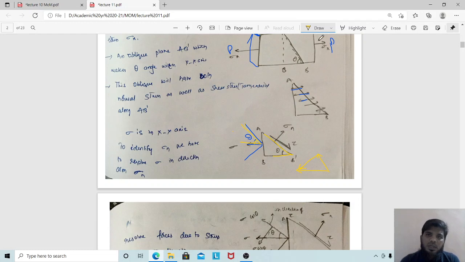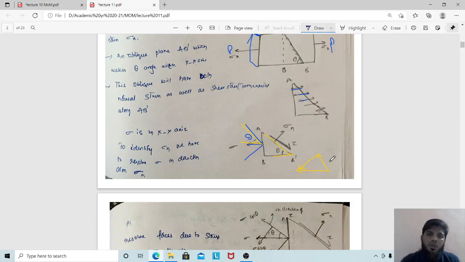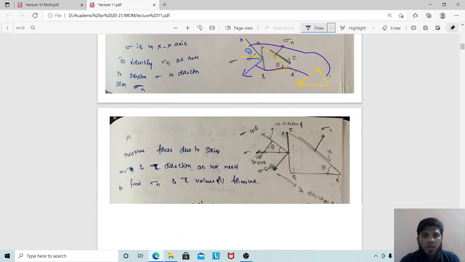So this I will try to highlight here again using a different color. This is similar to that of this value, and this is similar to that of this value. That is the reason I am taking this direction as above and this direction as downward. I am taking downward direction, that I have drawn here.